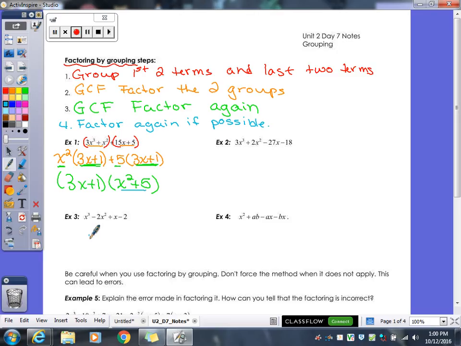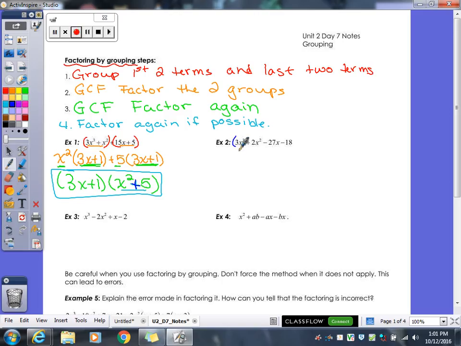Can somebody tell me why it's not? It's not subtraction. We've got a plus sign here. So this one is actually done. Because this is an x squared plus 5, it needs to be a minus, and 5 also isn't a perfect square.